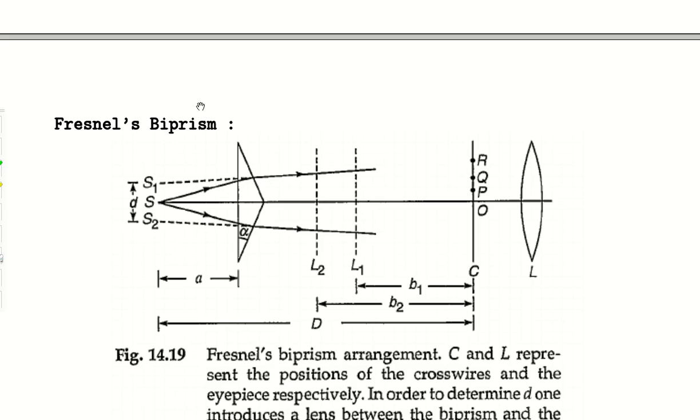Bi-Prism. In this Fresnel Bi-Prism, one has to first understand what a Bi-Prism is. Here in this picture you can see the Bi-Prism, where the prism angle is alpha, which is very small, nearly half a degree, that is 30 minutes.